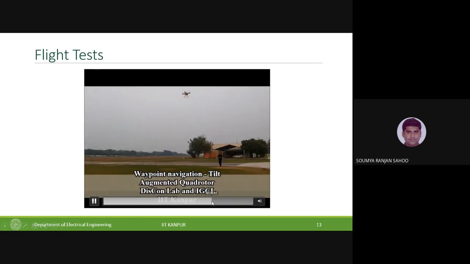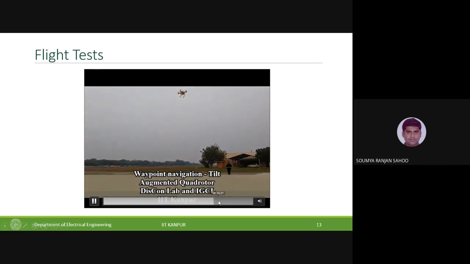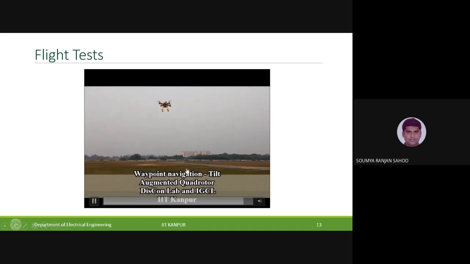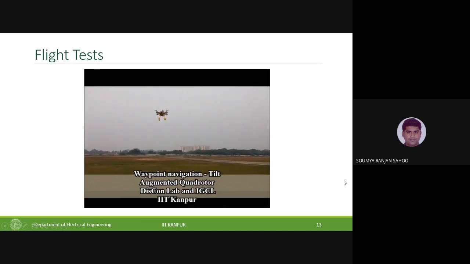Okay, let me see. Yeah, so it has come to its, I think, final waypoint, and then we'll land it. Yeah, so he just lands it.